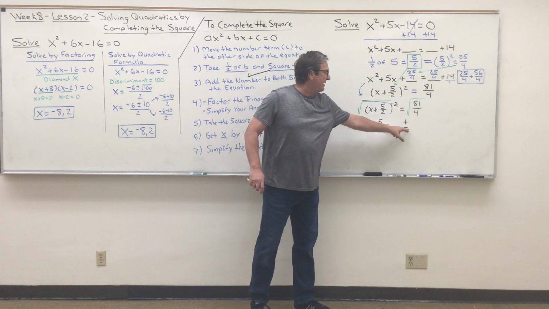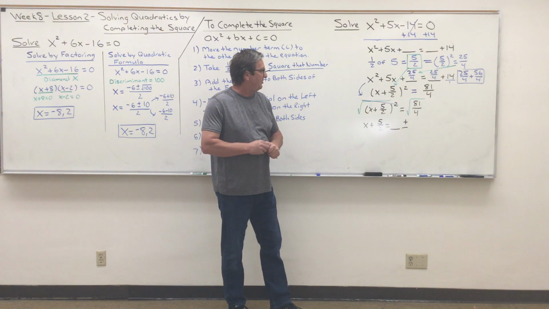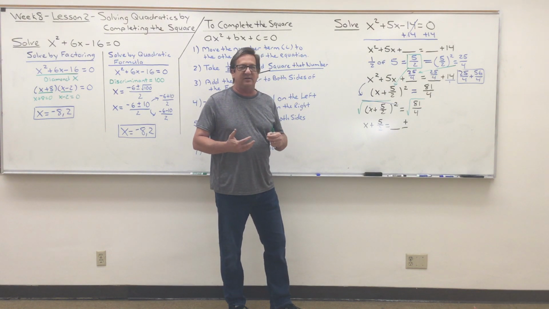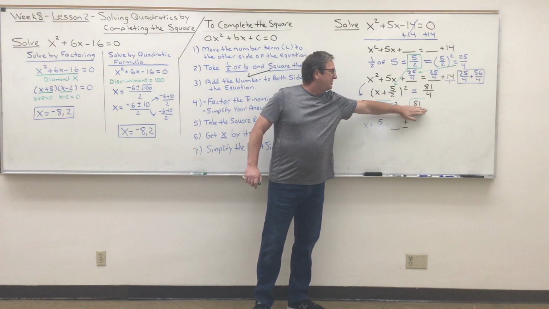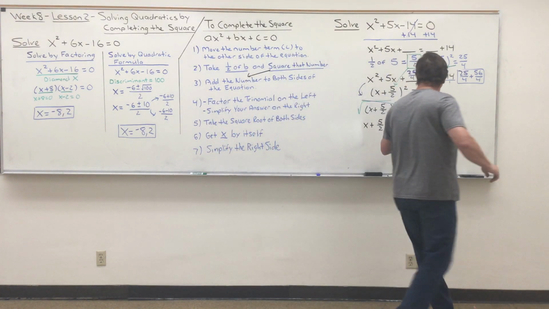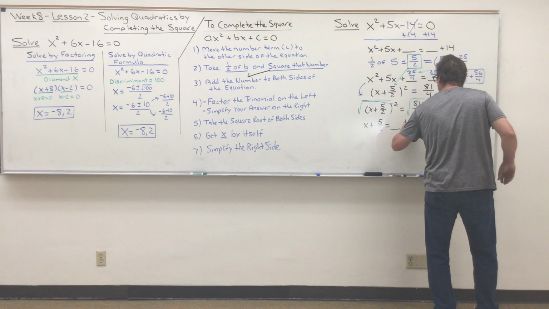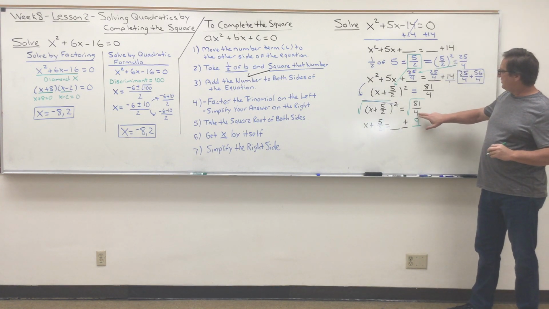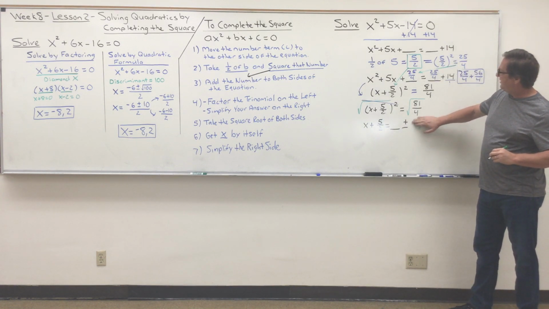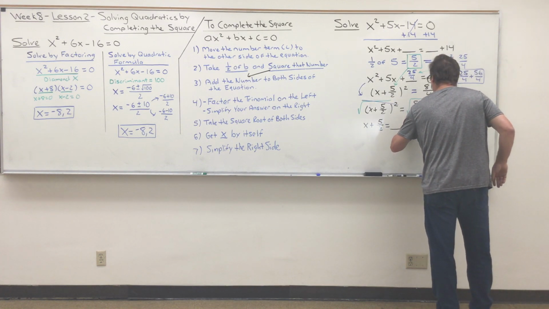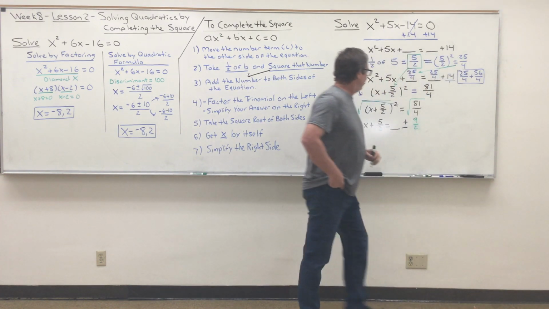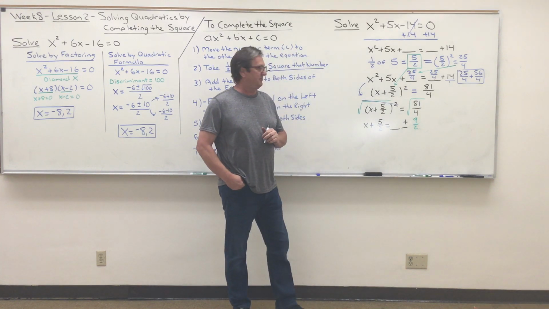And then I get set up to move the 5/2 over, and then the square root of 81 over the square root of 4, you can break it up into 2 pieces. So the square root of 81 is 9, and the square root of 4 is 2.